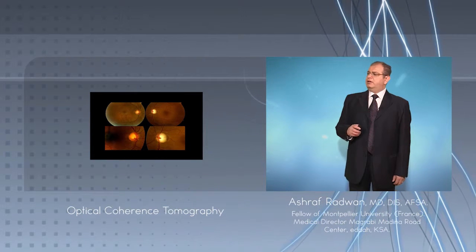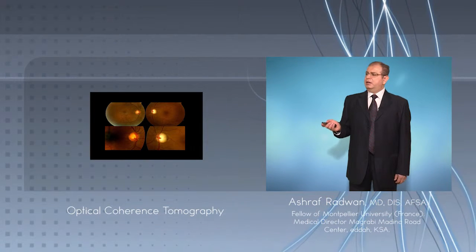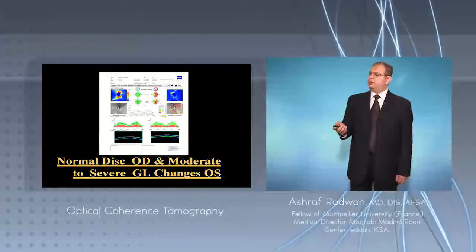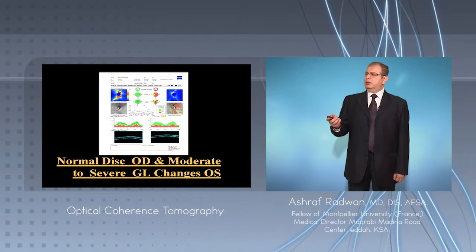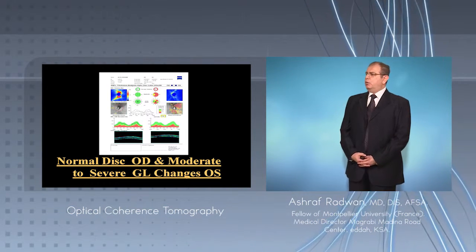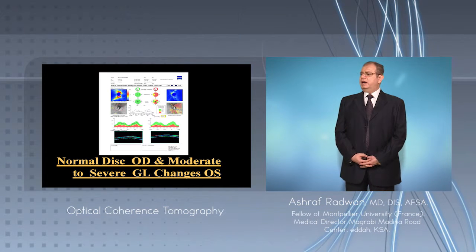This patient has an increased cupping in his left eye, while the right eye looks almost normal. Let us see the OCT picture for that patient. The optic nerve thickness in the right eye is normal, while it is much decreased in the left eye.